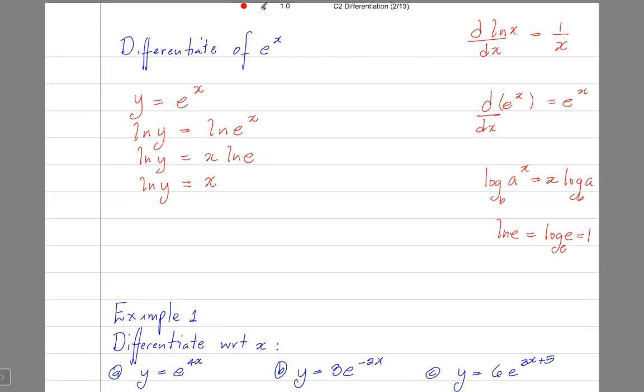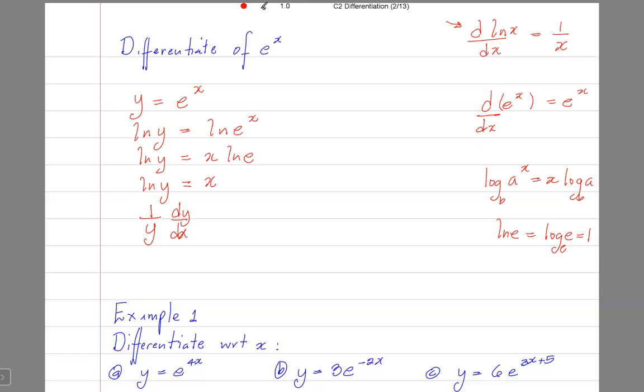Now I'm going to differentiate both sides with respect to x. When I differentiate ln y, remember from here, I'm going to get 1 over y. And I have to now multiply by the differential of y. When I differentiate y with respect to x, I'm going to get dy by dx.